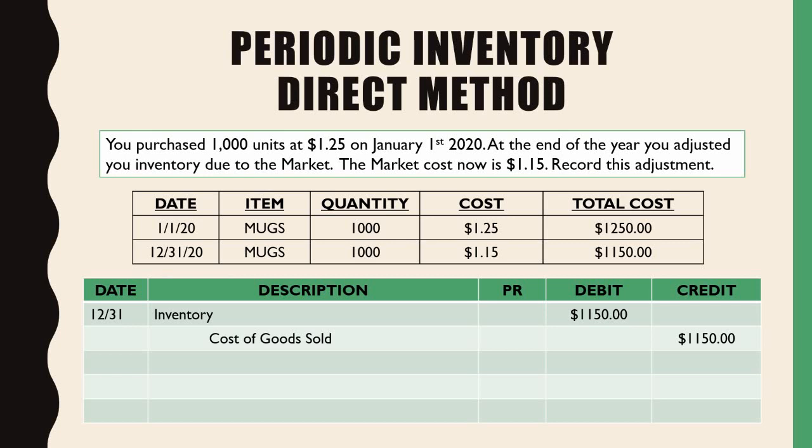By doing so, at the end of the year, which is my given accounting period, instead of recognizing that I have $12.50 worth of inventory, I'm just going to recognize it for what it's worth now, which is $11.50. And what happened to the rest of that $100 that I lost? I'm just going to dump it into cost of goods sold. I'm going to pretend I sold it, which, in reality, isn't really true, but that's what you can do in your books.